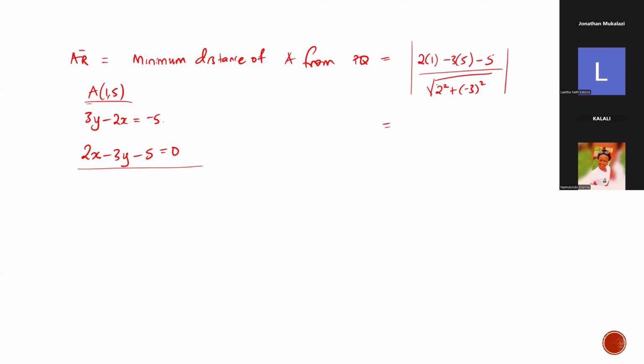So what do you have when you calculate? You'll have 2 minus 15 minus 5, which is minus 18, so the distance is 18 over root 13. Which is what they wanted us to show, right? So that's how we would do that question.